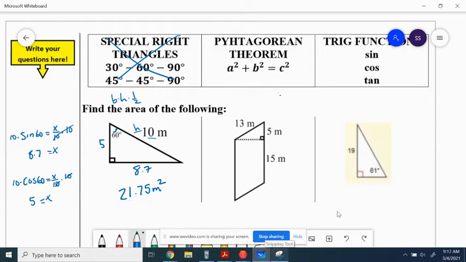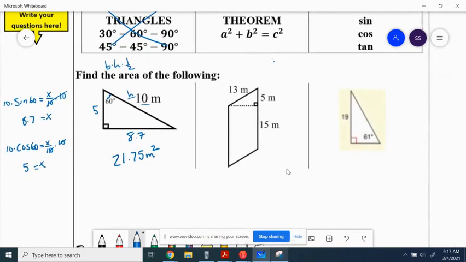All right, this next problem, we've got a parallelogram. So let's see, what do we need to find here? We have our base times height, and we are not given our height, so we are going to have to figure that out. Let's first look at our base.